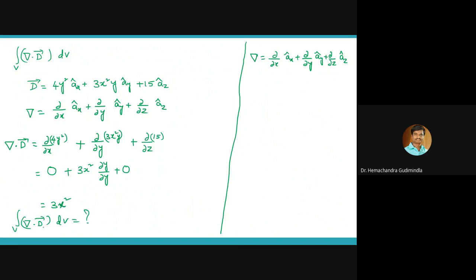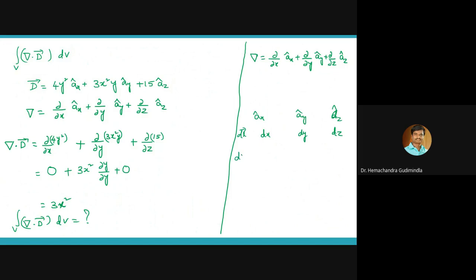Now we know that del dot D bar is 3x square, calculated. What is dv? Again I am writing over here ax cap, ay cap, az cap, that means unit vectors in the Cartesian coordinate. I told differential length dl bar is equal to dx, dy, dz. Already I wrote the ds bar.